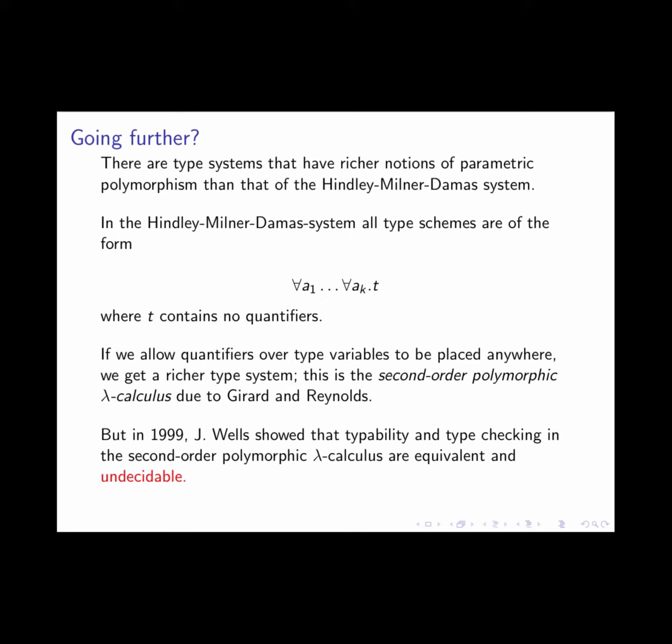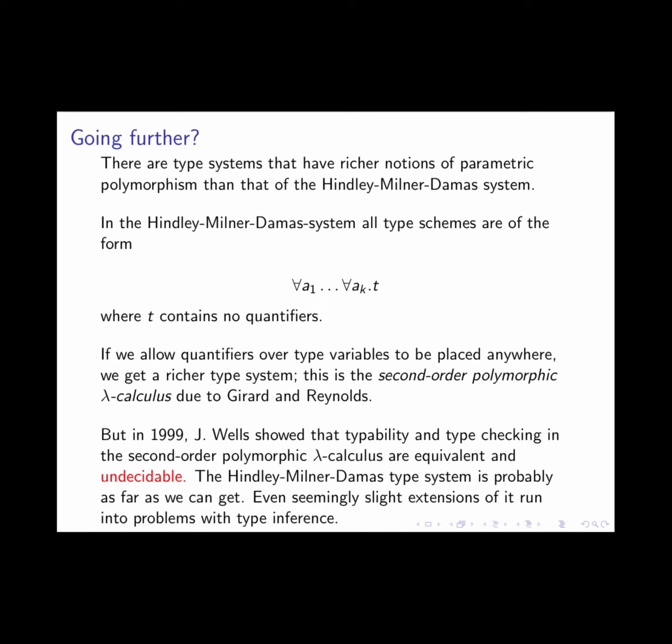If we could solve one, we could solve the other, and in fact, they're both undecidable. So the Hindley-Milner-Damas type system is probably as far as we can get, while still being nice. Even if we extend it very slightly, we run into problems with type inference. So this is probably as far as we can get within the world of parametric polymorphism.